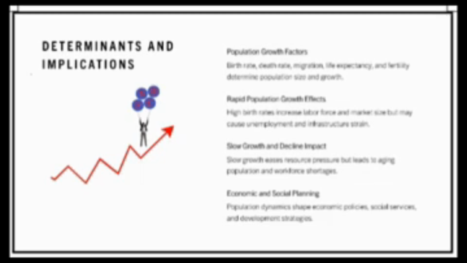Its disadvantages range from an aging population, that's many old people, shortage of young workers, as well as a smaller market, which has a negative implication on the economy at large.